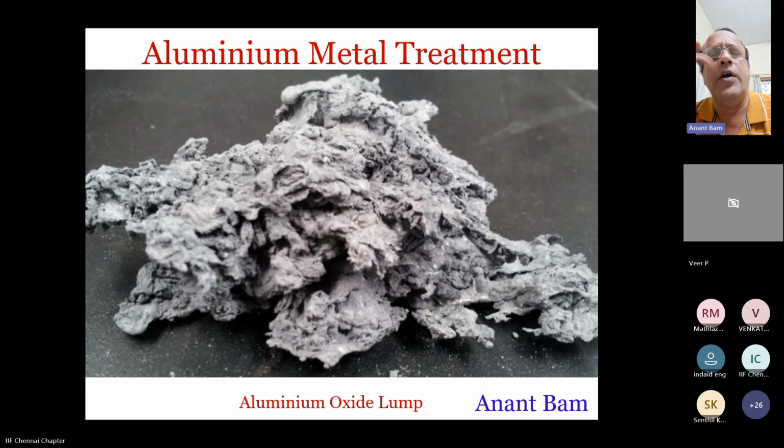If you find that the oxide is quite heavy and lumpy, then it means that there is aluminum metal embedded in that oxide. It's called a heavy oxide dross, and that's a sign of poor metal treatment. A good sign of metal treatment is that your dross or your oxide should be like a powder.